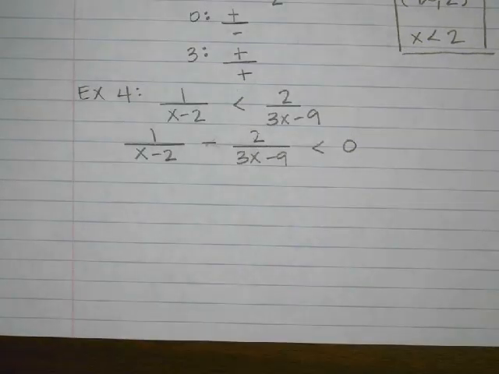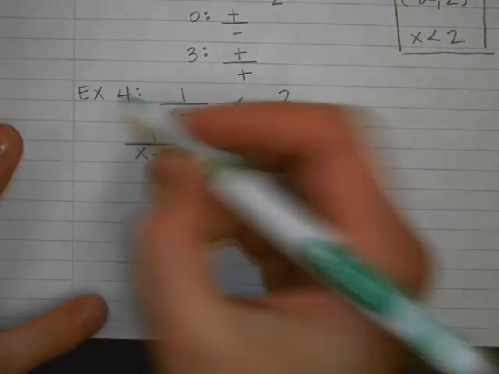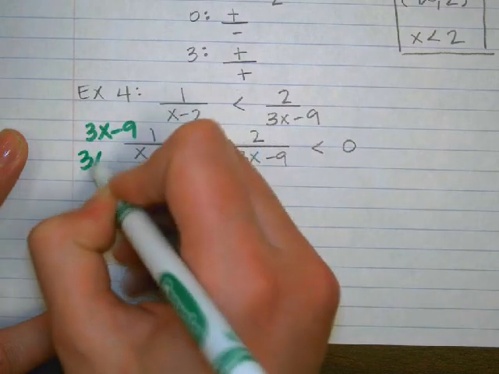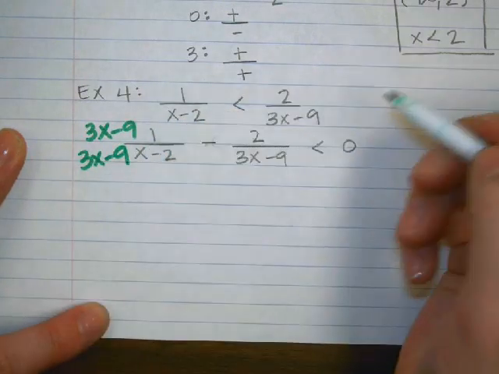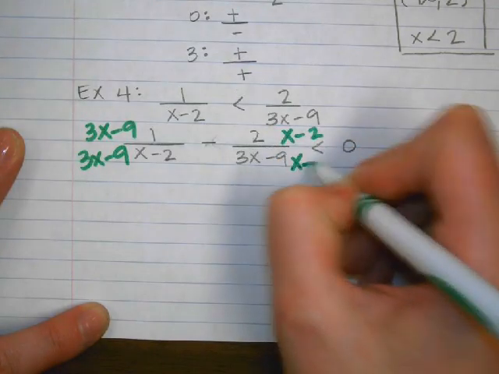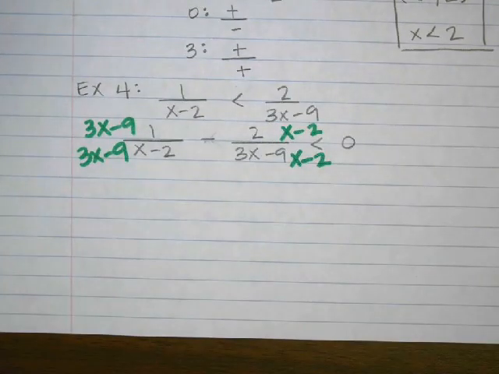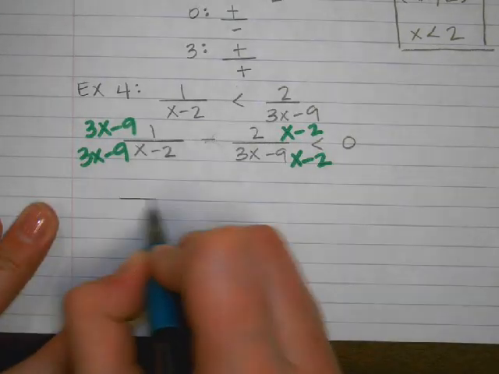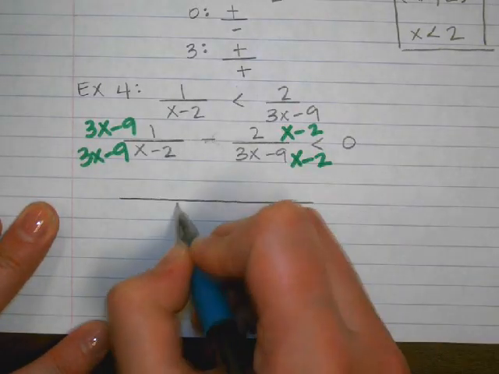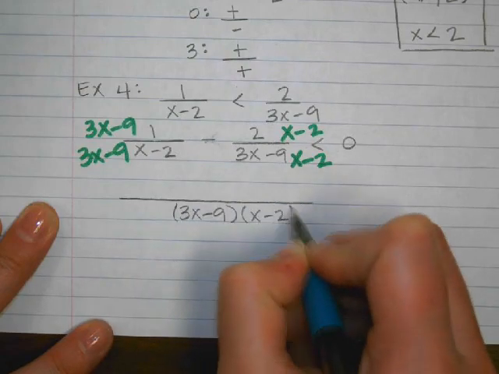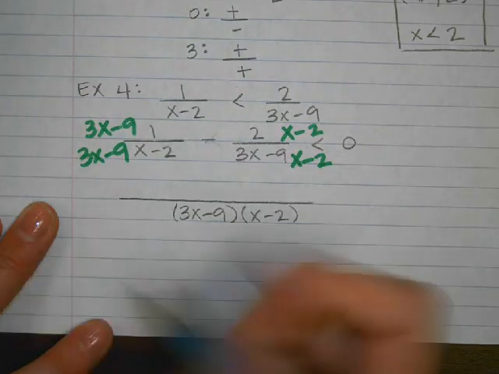And so my first fraction needs to multiply by 3x minus 9 on the top and the bottom. And my second fraction needs to multiply by x minus 2 on the top and the bottom. And so if I write this, I'm going to have 3x minus 9 and x minus 2 as my common denominator.